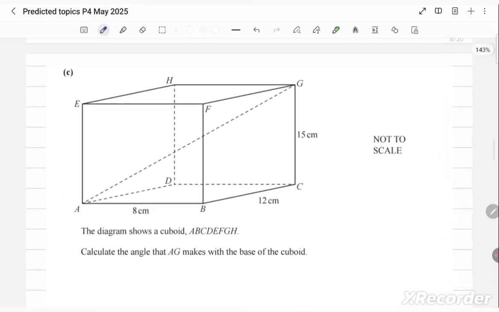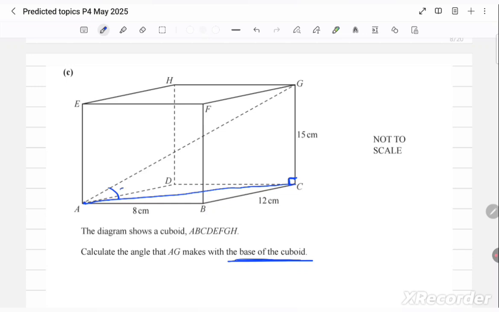When they say the base of the cuboid, you should think about a diagonal, from A to C, to this right angle. So they are talking about this angle. The base of the cuboid here means AC.